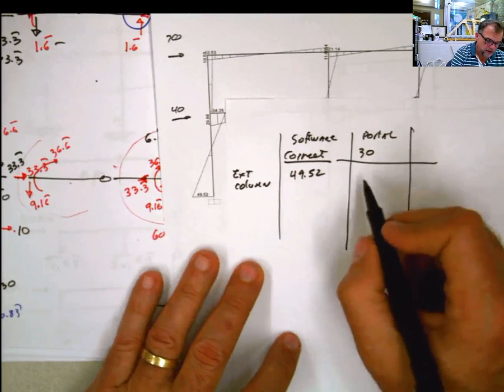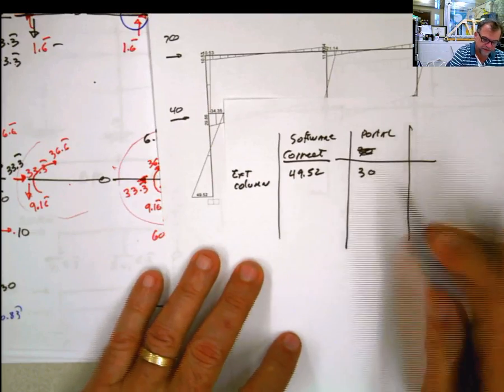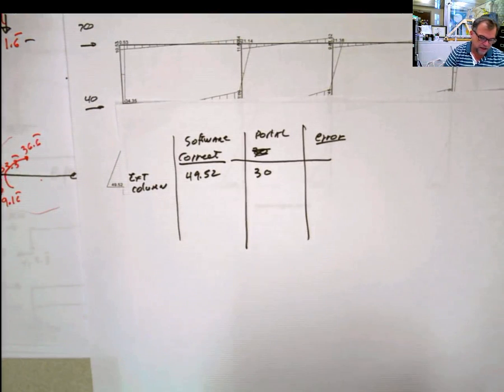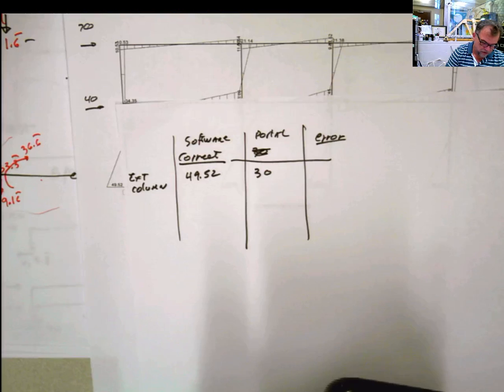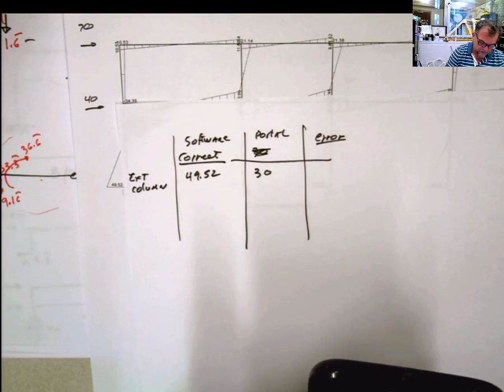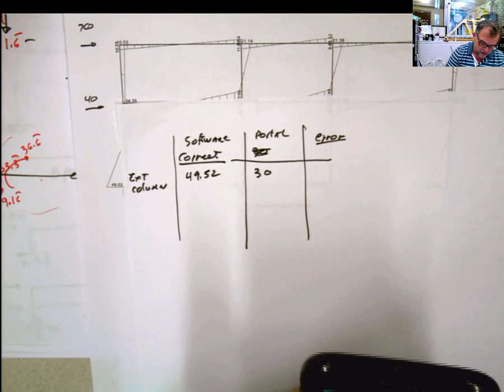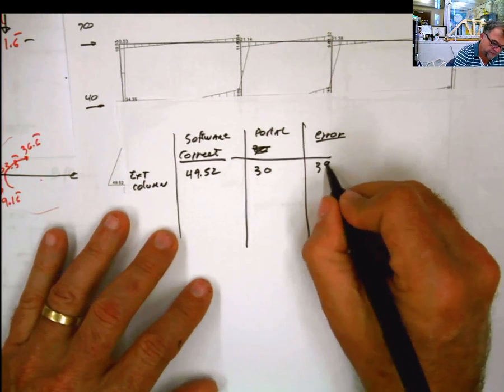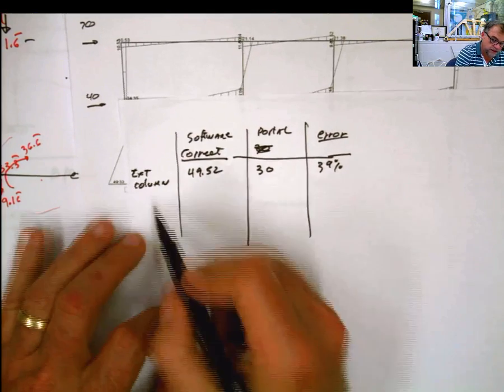So if we want to calculate the error here, it should be 19.52 divided by 49.52. Well, it's still big. It's 39% error in that one, which is a lot.